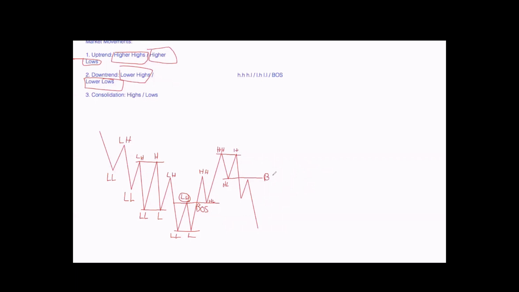So here's our break of structure, because we formed a lower low, then a lower high, and then you can automatically expect a continuation of the downtrend. So if your market structure looks something like this, then congratulations, A+. So it's as simple as that.